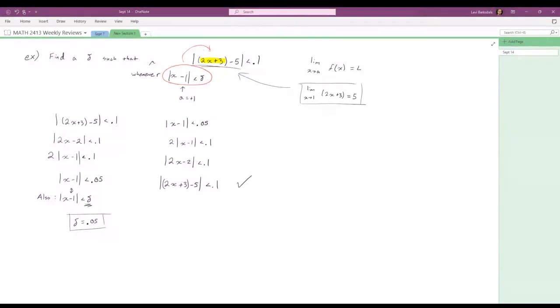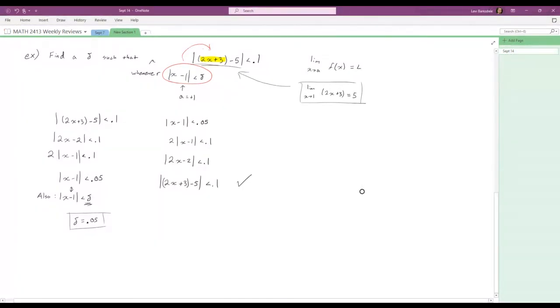So the left side where you found the 0.05, let's say we have a question like find a delta such that, like this question, would we also have to show this proof going backwards? Not necessarily. It might depend on your professor. It would never hurt to show it, because when we did show this, we knew that our delta was correct, right?